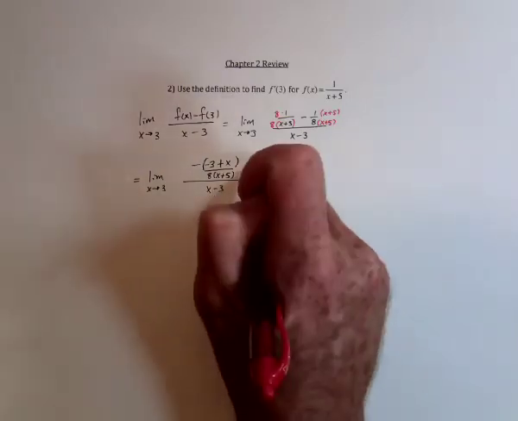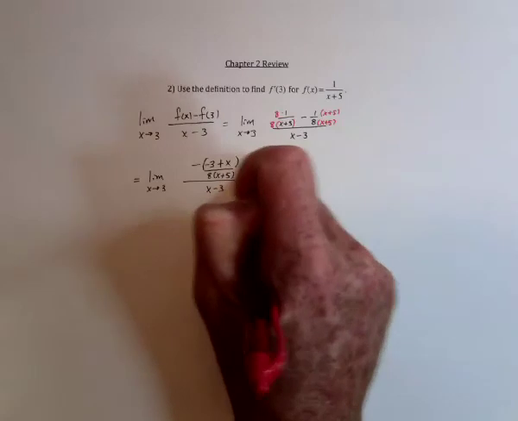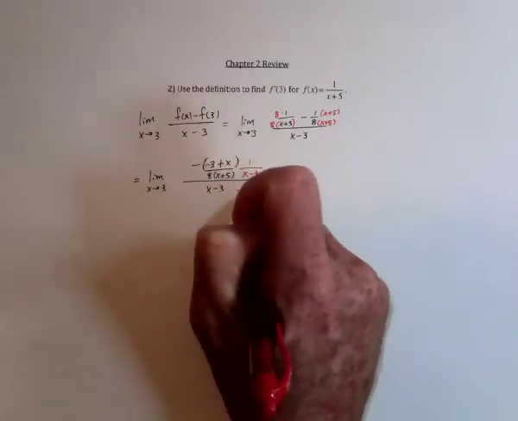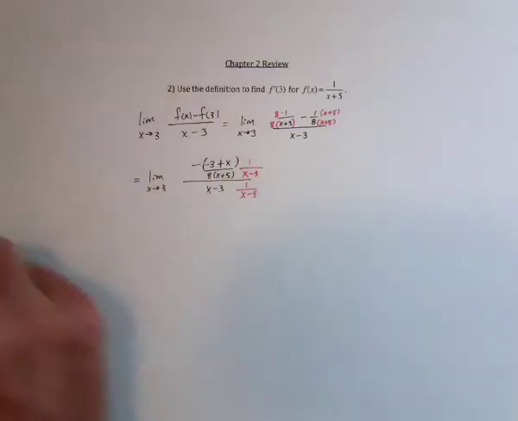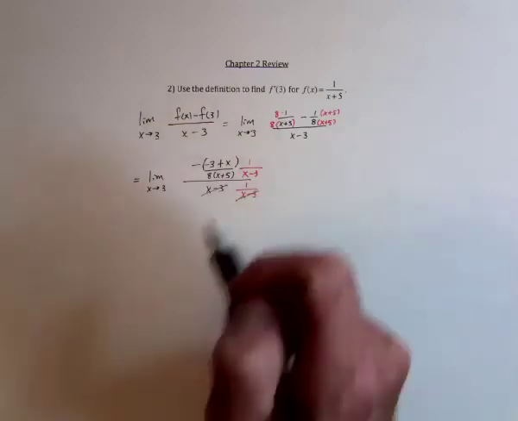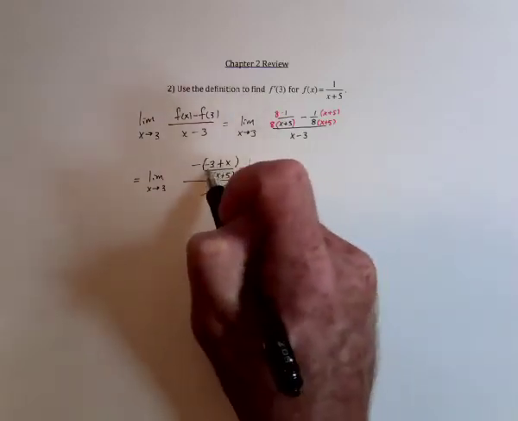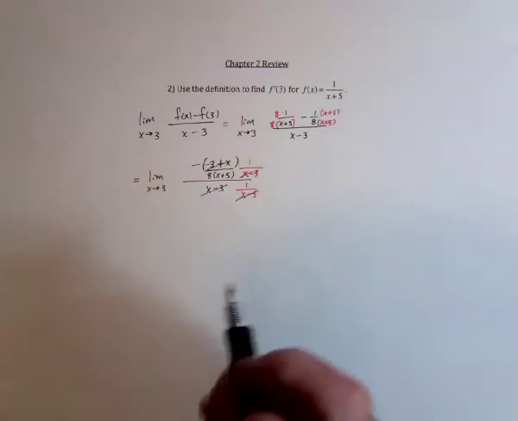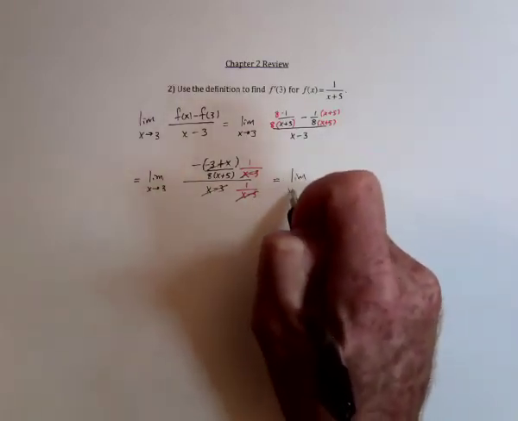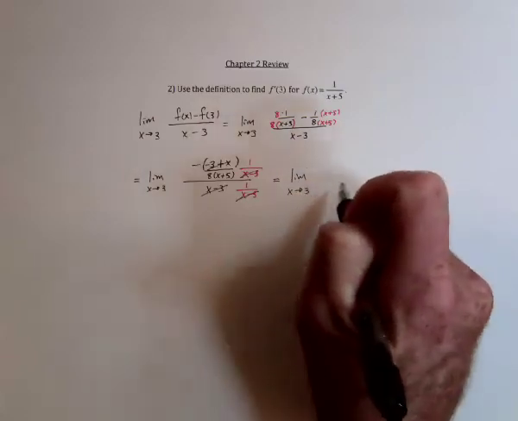So to clear the compound fraction, I can multiply both the top and the bottom by 1 over x minus 3, so that these cancel, and then these are also going to cancel, but it still leaves behind that -1. So we now have the limit as x approaches 3.